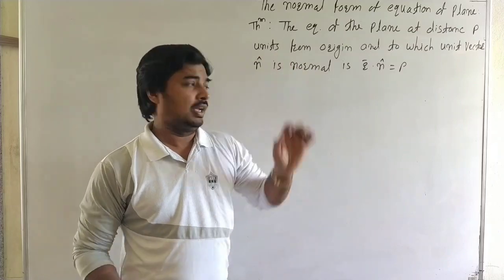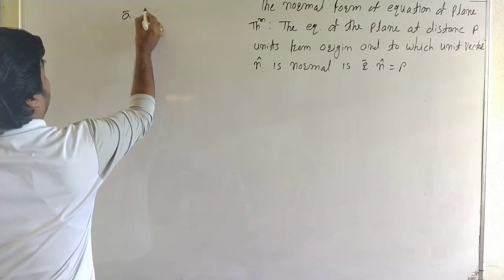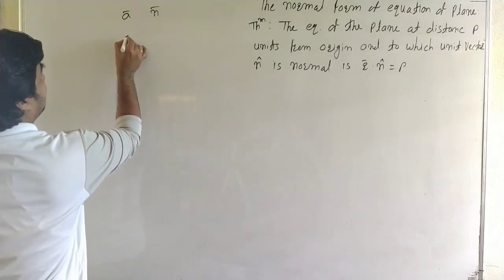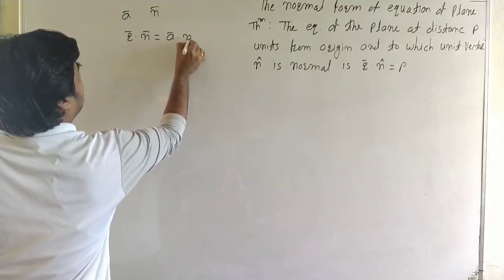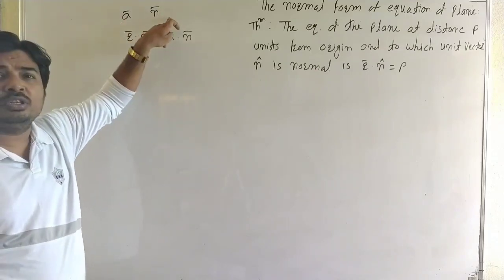that is, the equation of a plane in normal form. Here we know that when a plane passes through point a bar and is perpendicular to the vector n bar, the equation of the plane is r bar dot n bar is equal to a bar dot n bar. It is the equation of a plane passing through a point and perpendicular to the given vector.